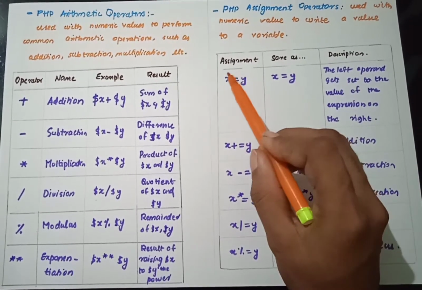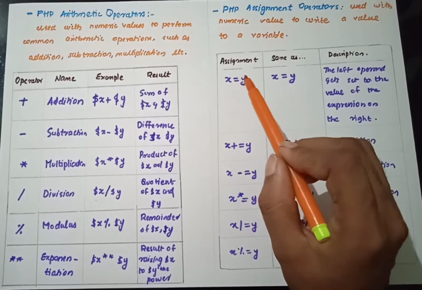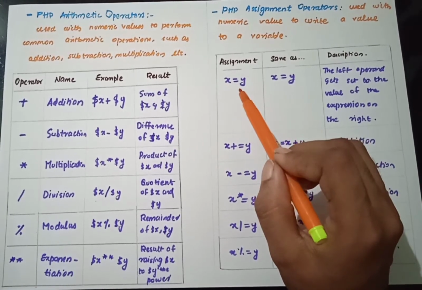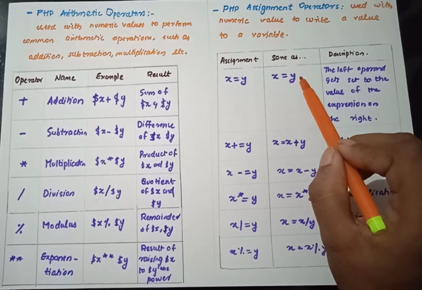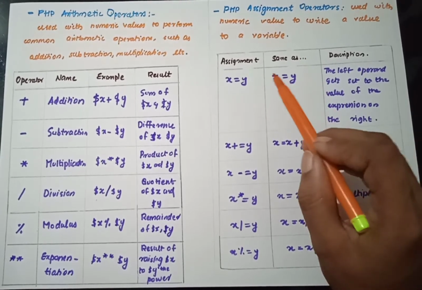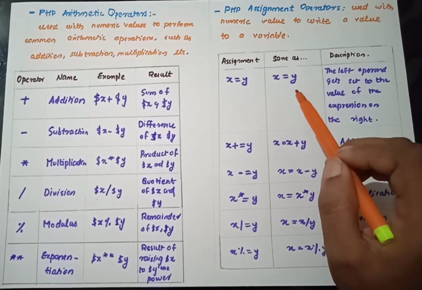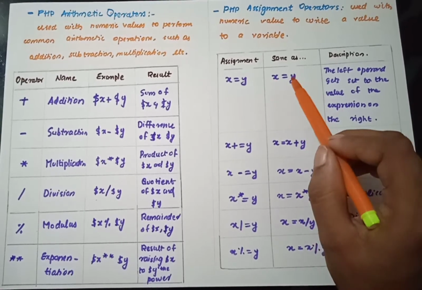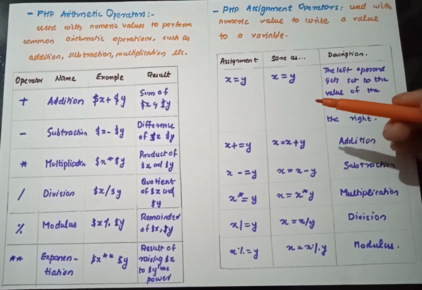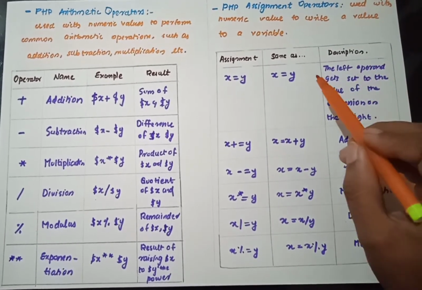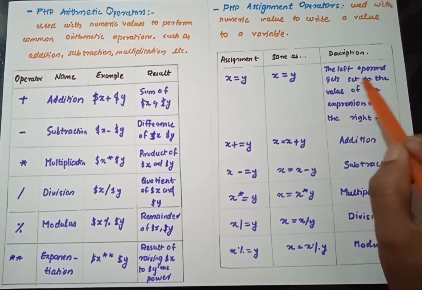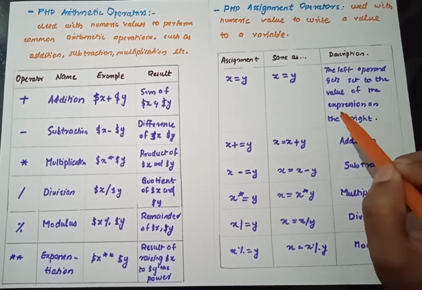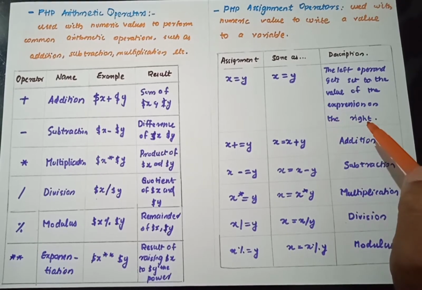So this is the expression for the simple assignment operator, and it is the same as x equal to y. That means x and y are the variables here. Okay, so the left operand gets set to the value of the expression on the right.